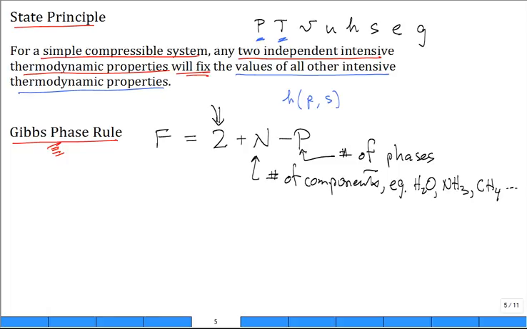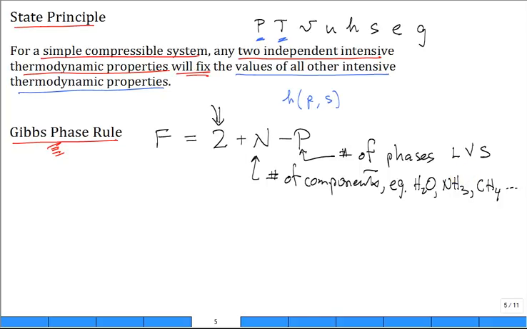So P goes between 1, 2, and 3. For this class, I know if you go to the materials class, you can find the Gibbs phase rule, and they'll have different phases for your solids. You could have more than 3. You have this phase, that phase, this phase. But for this class, the phase is either liquid, vapor, solid. 1, 2, or 3.